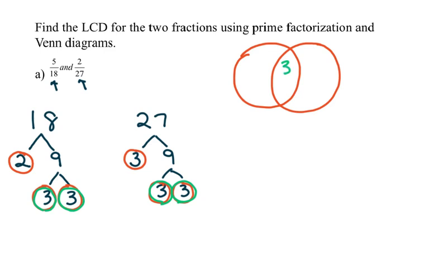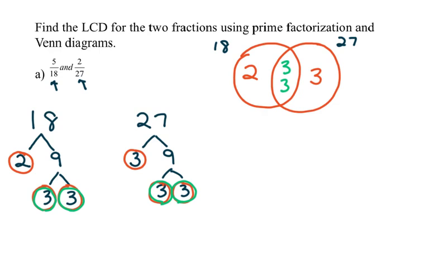So those 3's will go in the center because they are common with both the 18 and the 27. The 2 for the 18 is uncommon. It only applies to the 18. That other 3 only applies to the 27. And so the prime factorizations are split up for 18 and 27 in a Venn diagram in this way.